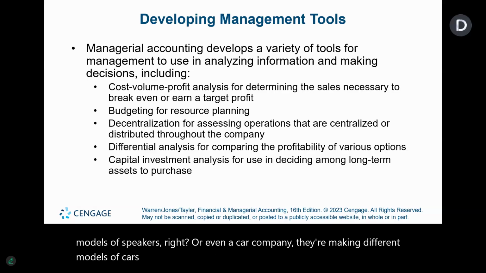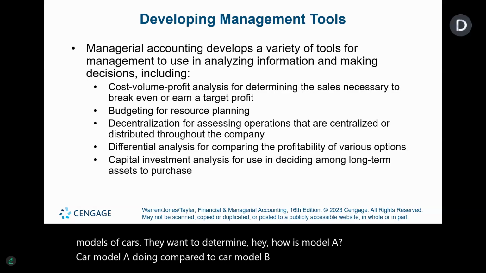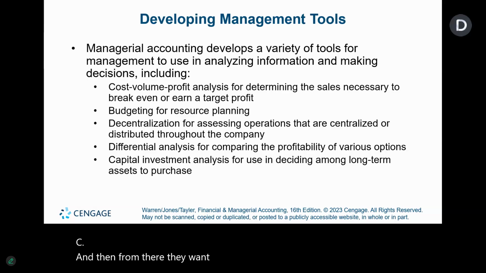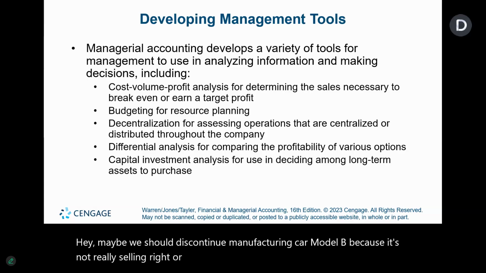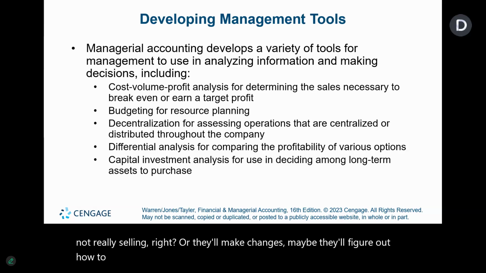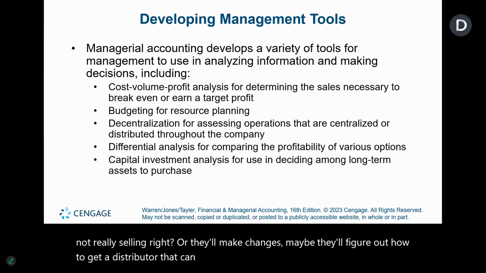They want to determine, hey, how is car model A doing compared to car model B, compared to car model C? And then from there, they want to determine which car is most profitable. Maybe we should discontinue manufacturing car model B because it's not really selling, right? Or they'll make changes. Maybe they'll figure out how to get a distributor that can sell car products at a different price or something of that nature.